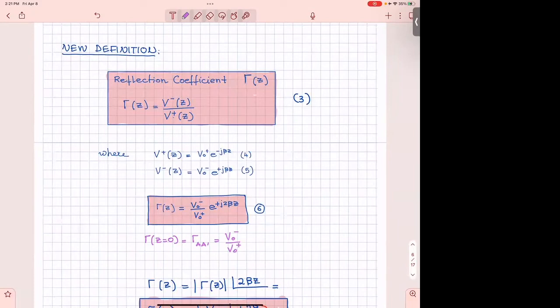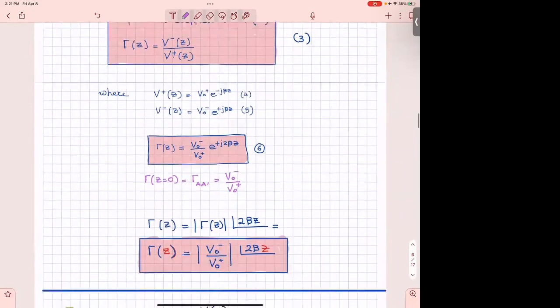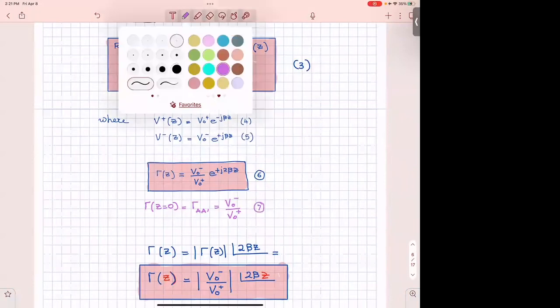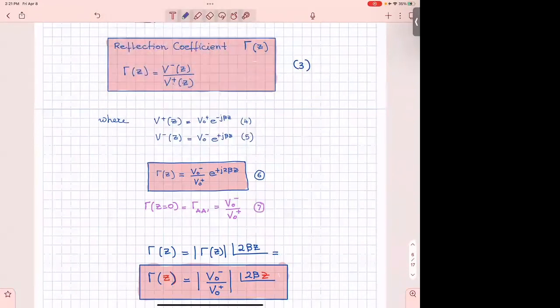So if I call this 7, and I put this into also another box, remember it?